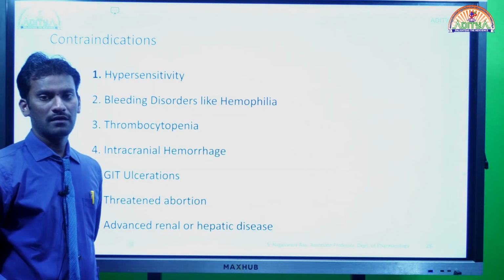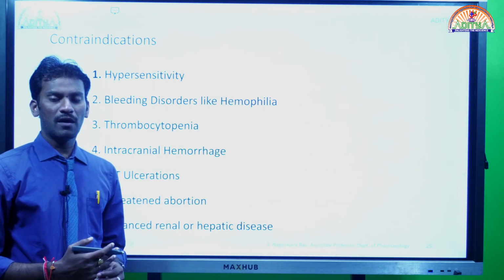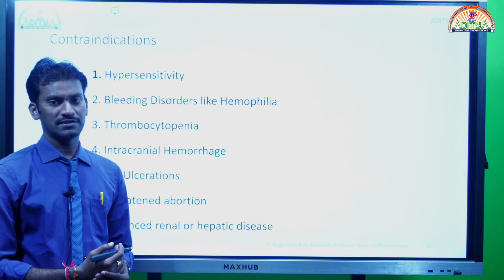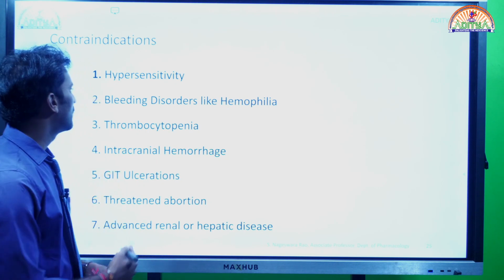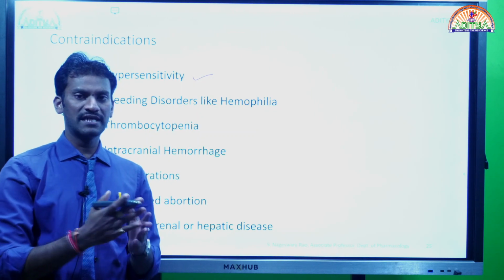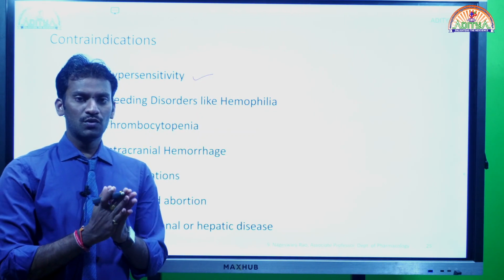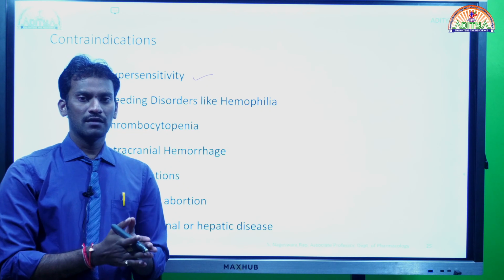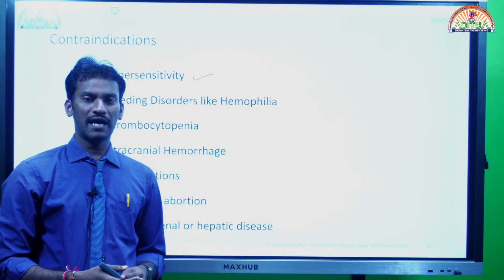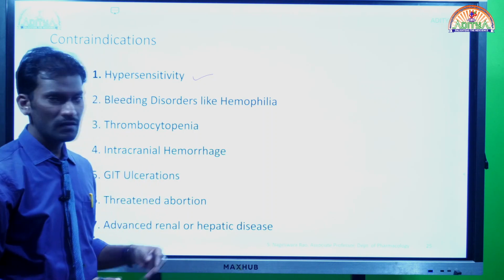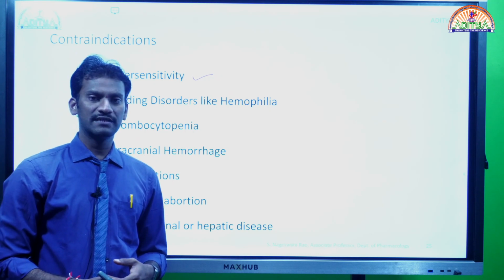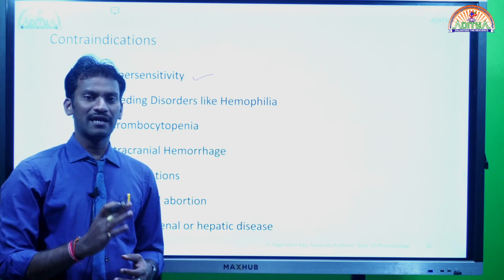Contraindications. In some particular conditions or patients, heparin should not be administered. The contraindications are hypersensitivity. As we discussed, it is obtained from porcine and bovine sources, so some patients may experience hypersensitivity or allergic reactions. So persons who are allergic to porcine or bovine products can't be given it.